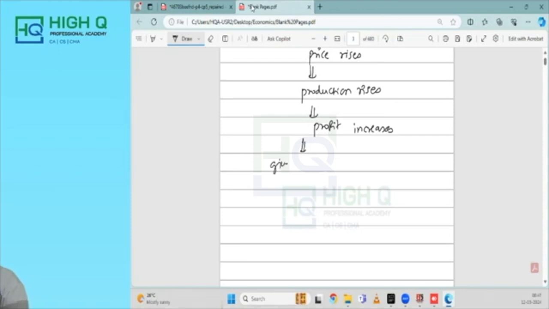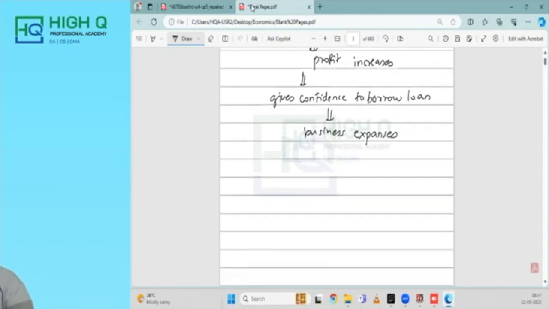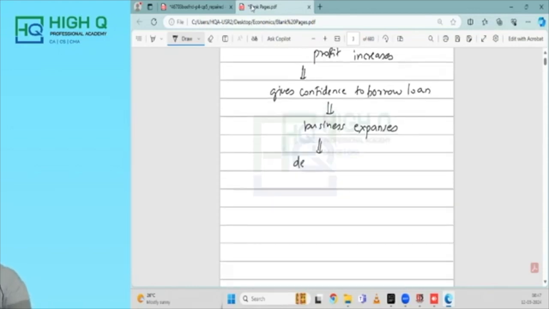Gives confidence to borrow loan. Say yes or no? And the business will expand. Say yes or no? From depression, U-turn towards recovery. Say yes or no?